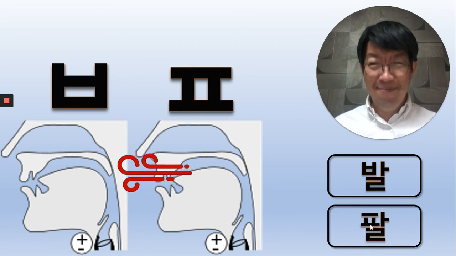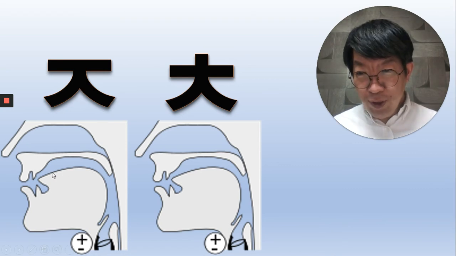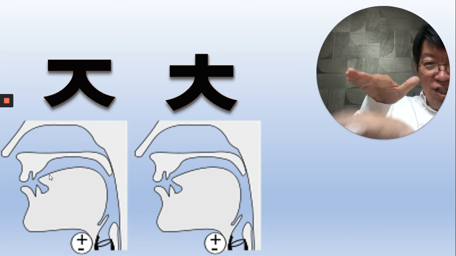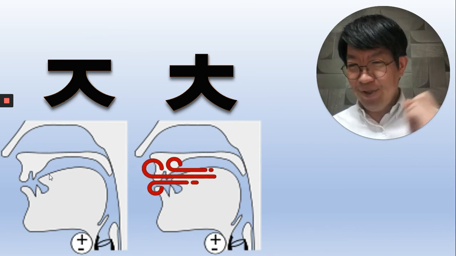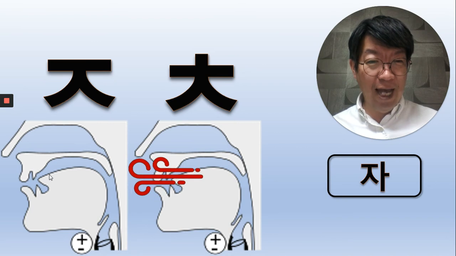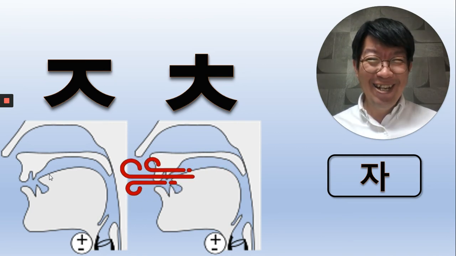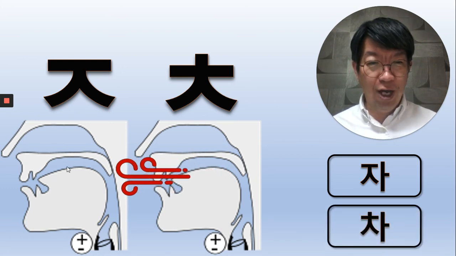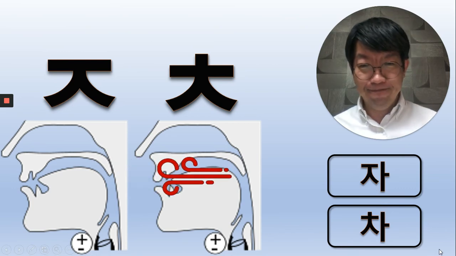When you pronounce 저, we use this part, right? So strong air. 자 means ruler, and 차 means car.